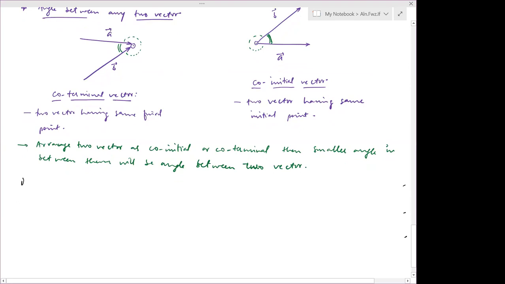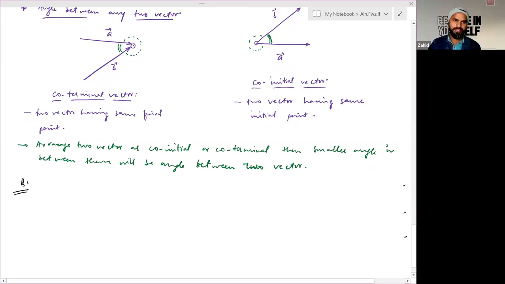Okay. I'm giving you problem related to this. Find angle between two vectors.